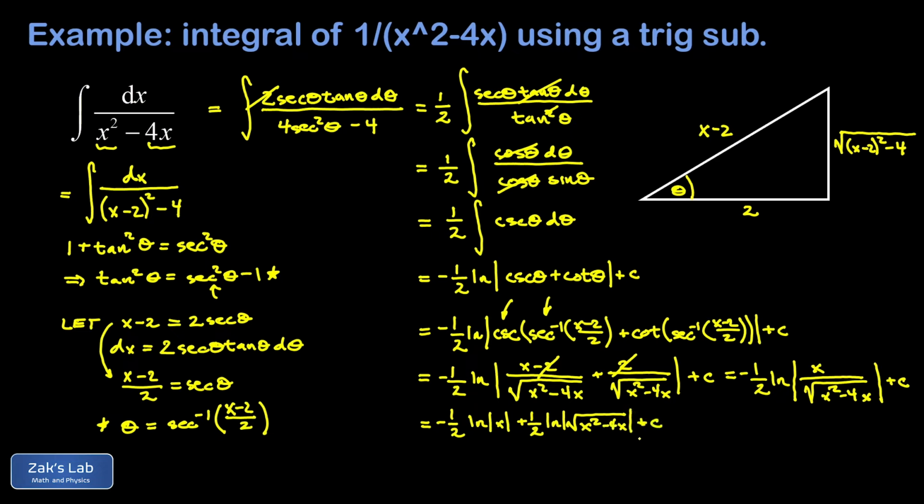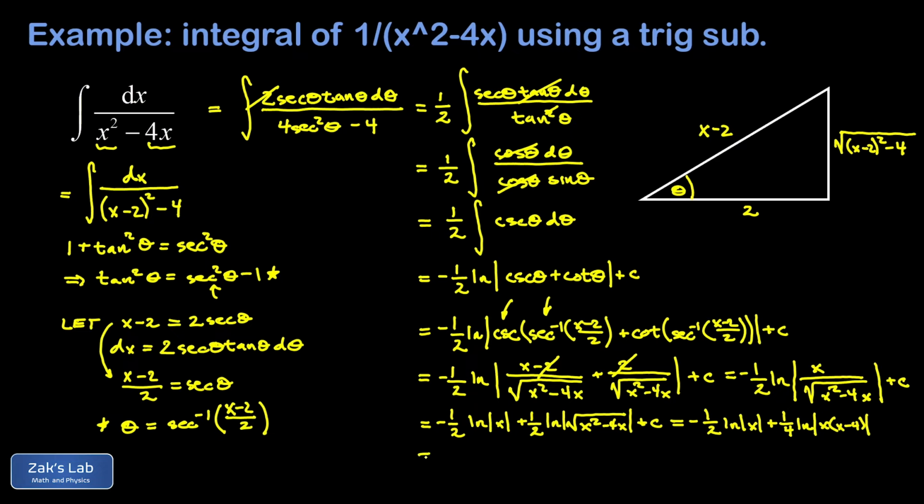Now that square root can be expressed as a fractional exponent of 1/2, and then we can use the power property of natural logs to bring that out in front as a factor. That's going to give us a 1/4 out there. So what's left in the argument of the log function there is x squared minus 4x, but I want to factor that. And I'm going to write it as x times (x minus 4).